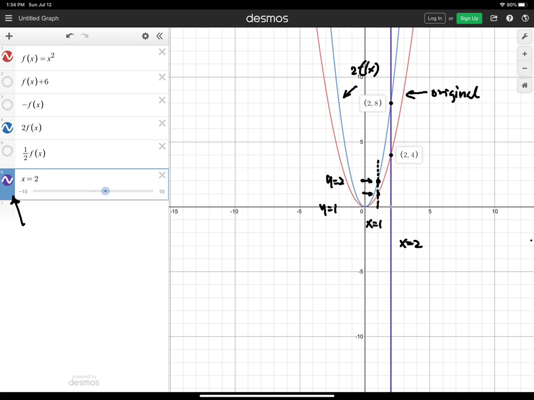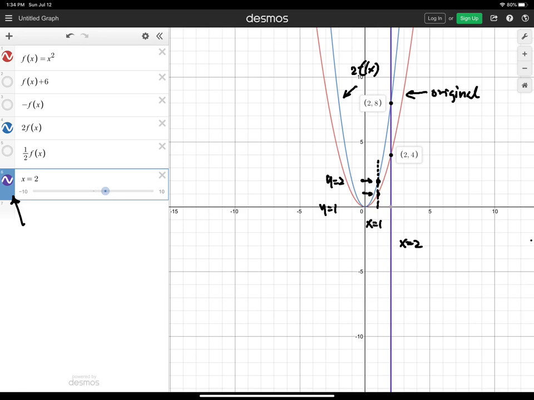So what happened here is when you put a 2 in front of the function, you're basically stretching it vertically. Stretching vertically also makes the graph seem narrower. It's like you're stretching it up, and you also make it narrow. So that's why you might have heard "make it narrow" or "stretch."